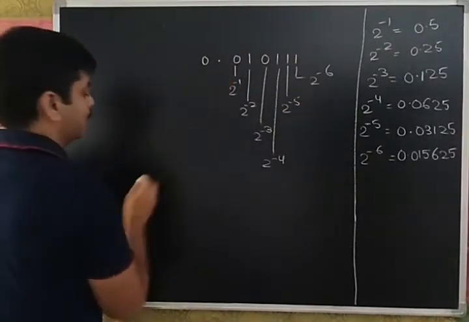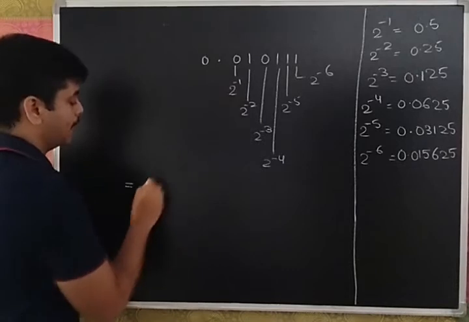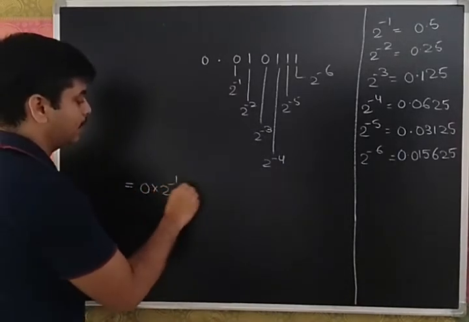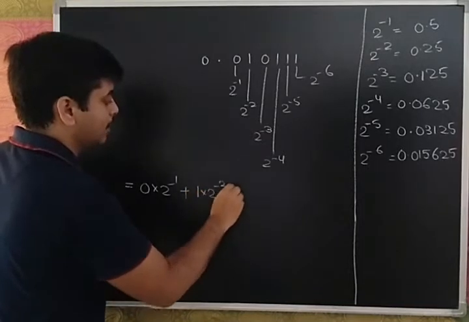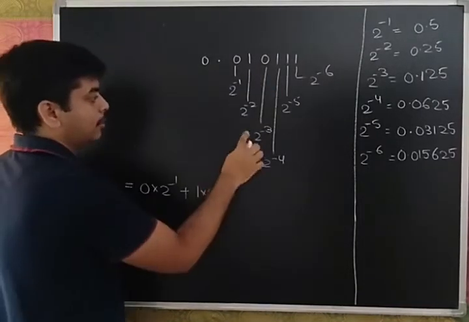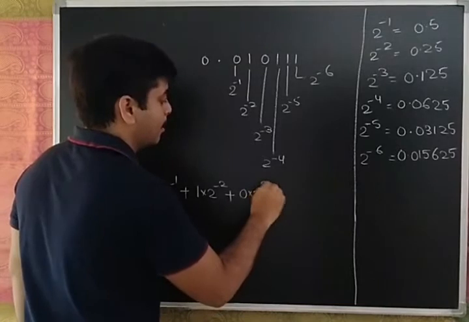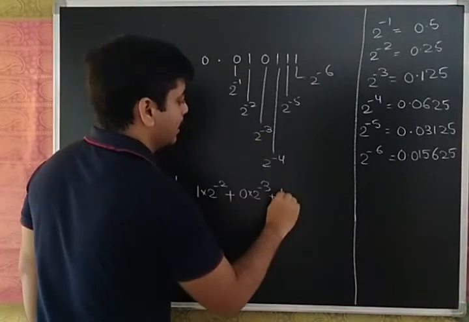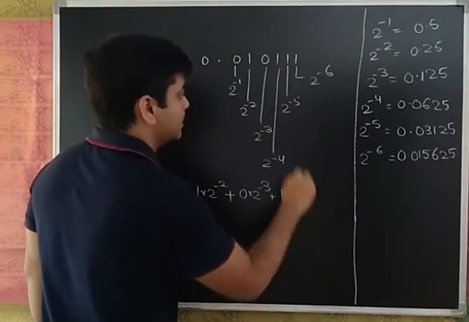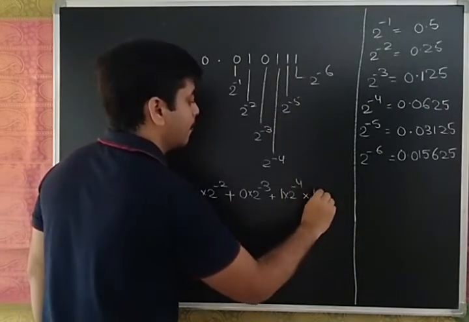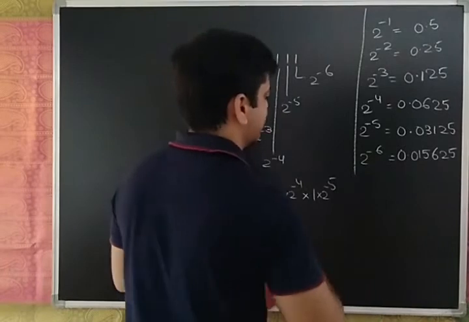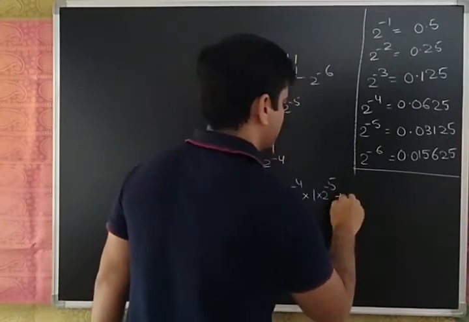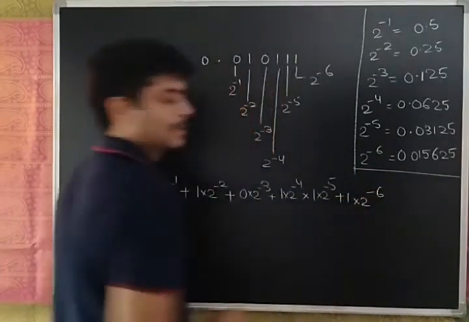So it is equal to 0 into 2 power minus 1, plus 1 into 2 power minus 2, plus 0 into 2 power minus 3, plus 1 into 2 power minus 4, plus 1 into 2 power minus 5, and 1 into 2 power minus 6.